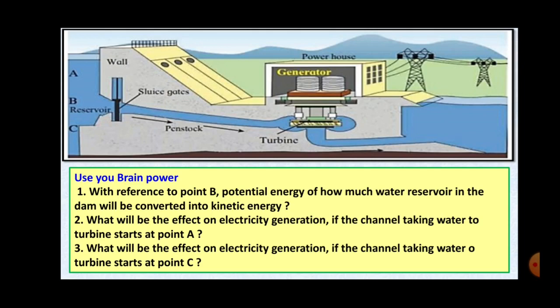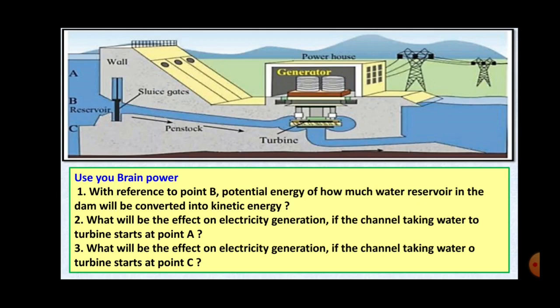So if the water is allowed to fall through point A, then what will happen? Because point A is at a higher height compared to B, the water will gain more speed. More speed means more kinetic energy, right? And more kinetic energy means the rotation of the turbine blades will be more, right?